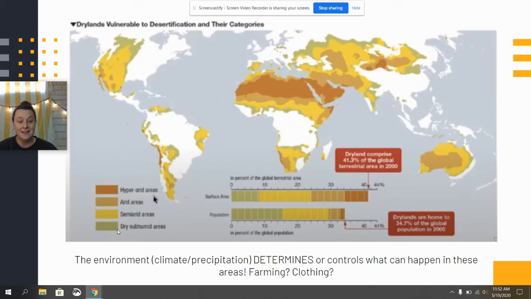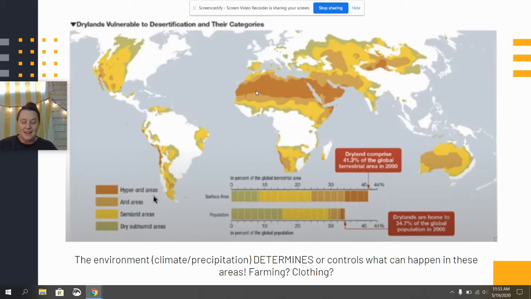And the idea here is that climate and precipitation are determining, they are controlling what's going to happen in these areas, right? There is not going to be suitable arable land for farming in the Sahara Desert. It's just not going to happen, right?